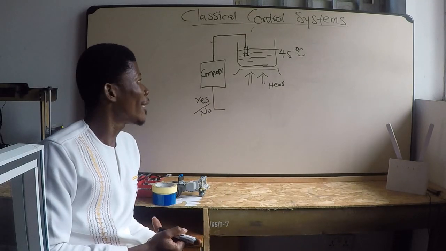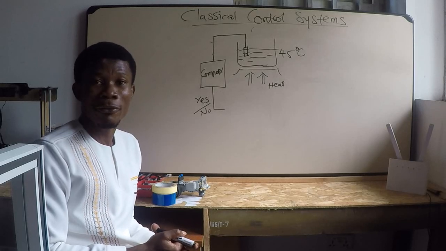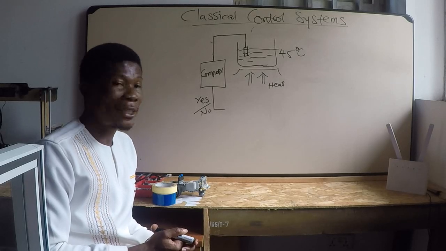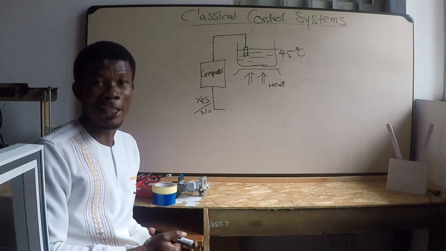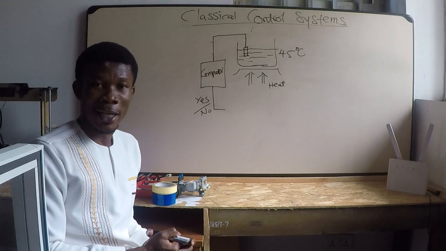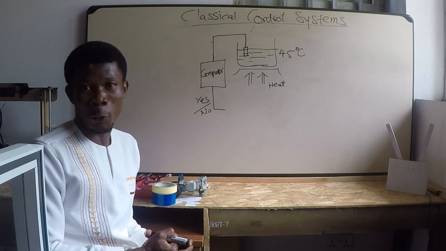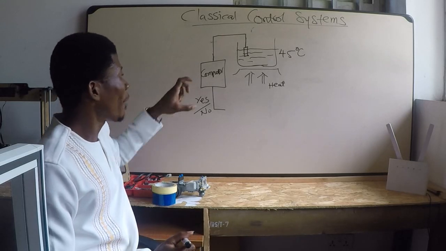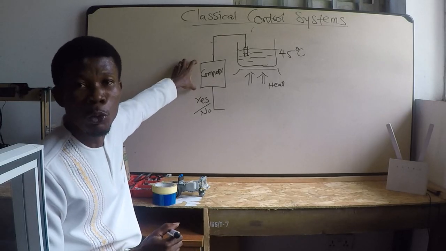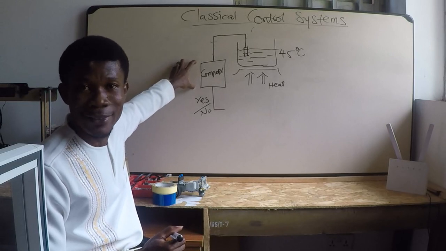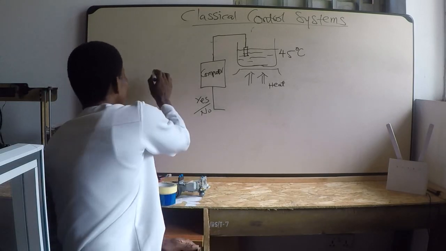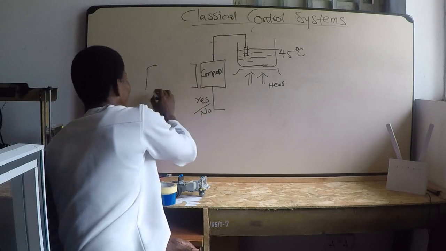Yes, the temperature is above the required temperature, or the temperature is below the required temperature. There could also be the output that the temperature is equal to the required temperature. So it depends on what computation you do within the computing unit. That is the task at hand.